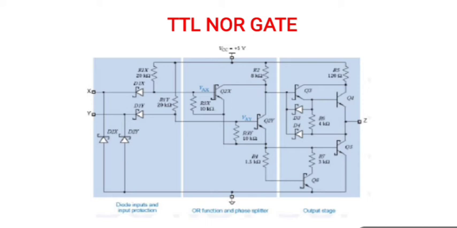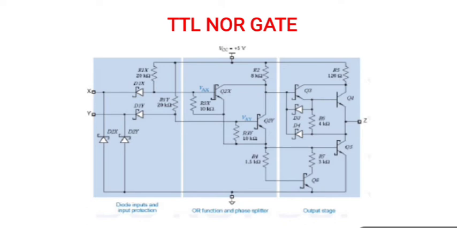But with X equal to 0 and Y equal to 0, the diodes D2X and D2Y will be forward biased, because X and Y are 0, the same as ground, so we treat the cathode as high. So D2X and D2Y will both be forward biased, and all the diodes will be forward biased.